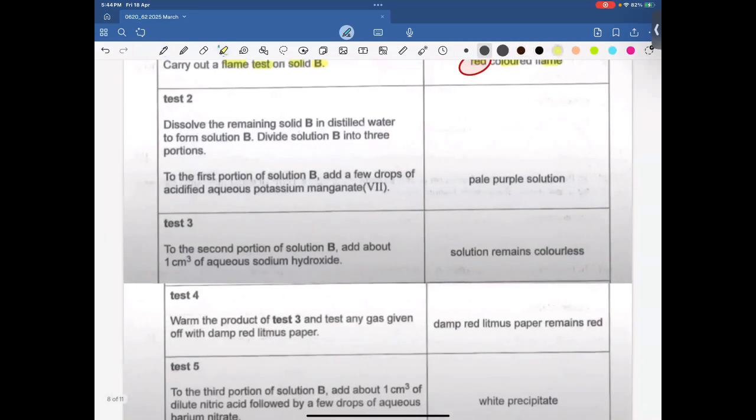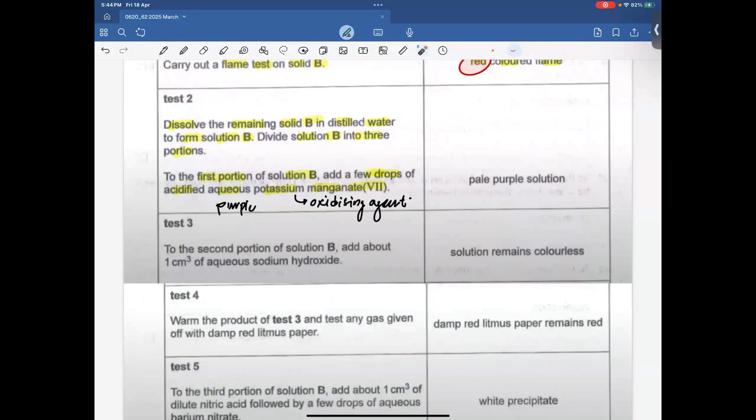Now, dissolve the remaining solid B in distilled water to form solution B. Divide solution B into three portions. In the first portion of solution B, add a few drops of acidified aqueous potassium manganate(VII). By the way, acidified potassium manganate(VII), first of all, has a purple color, and second, it is an oxidizing agent. So if this solid has a reducing agent, then a reaction might take place.